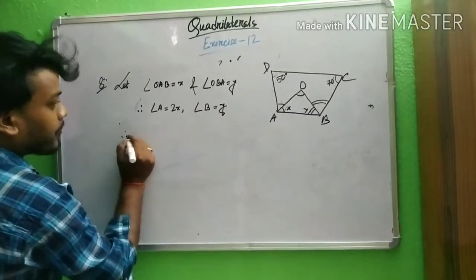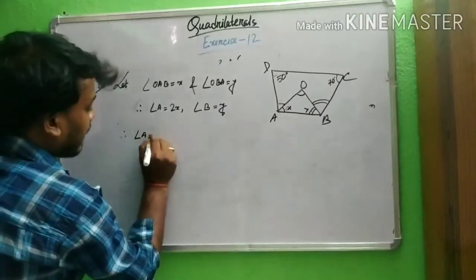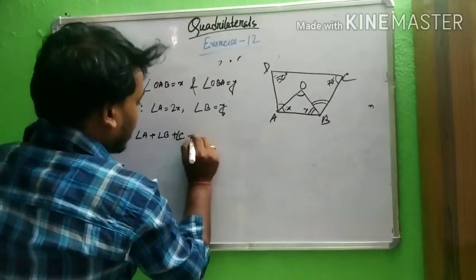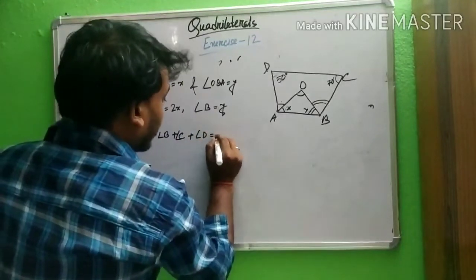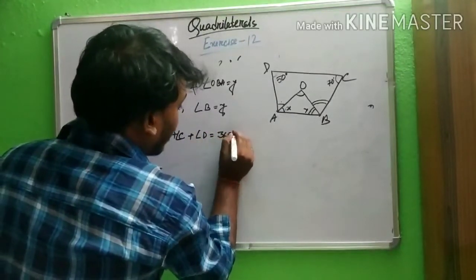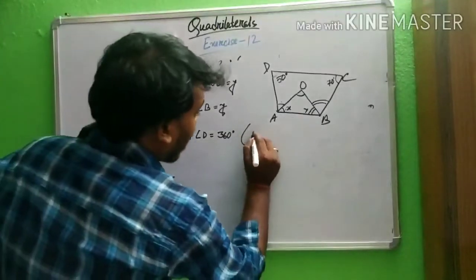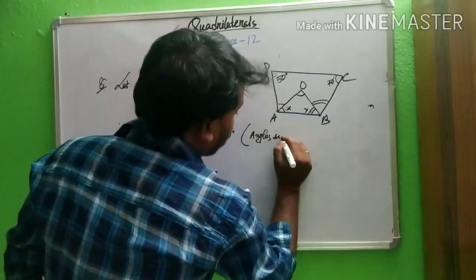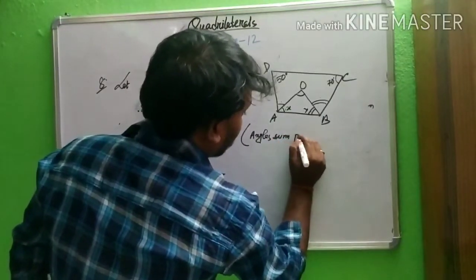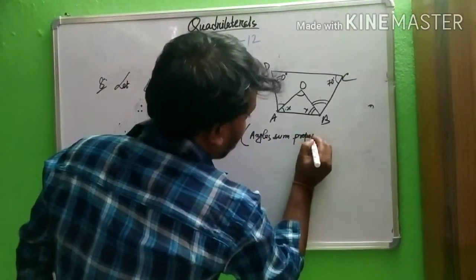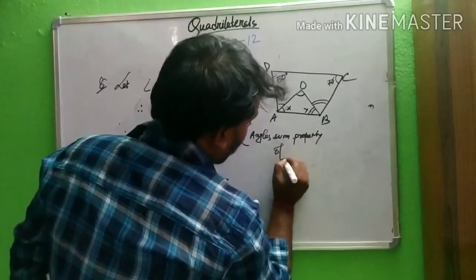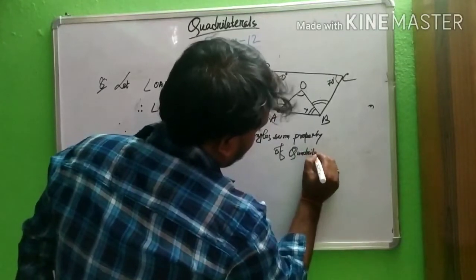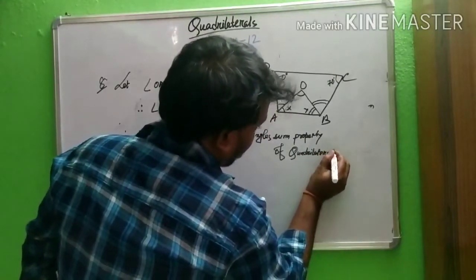Therefore angle A plus angle B plus angle C plus angle D equals 360. What is the reason? Angle sum property of a quadrilateral.